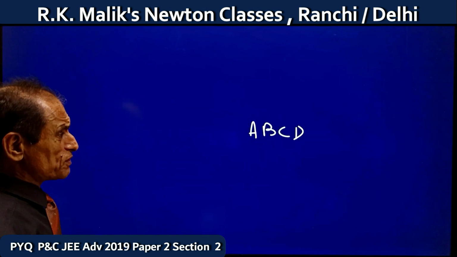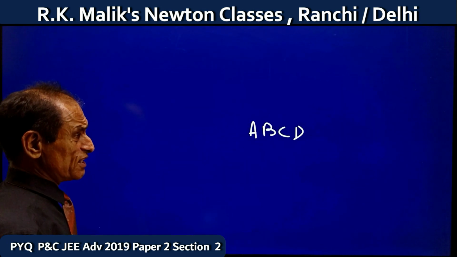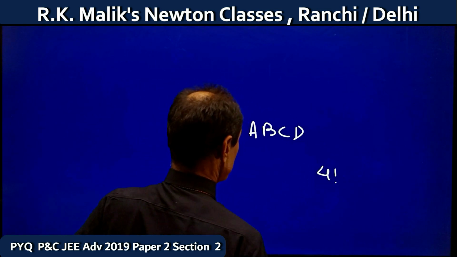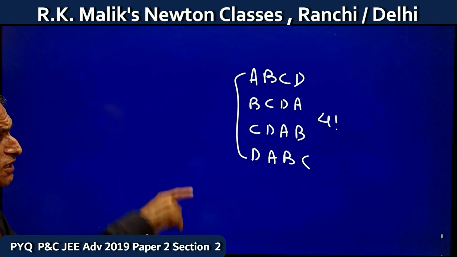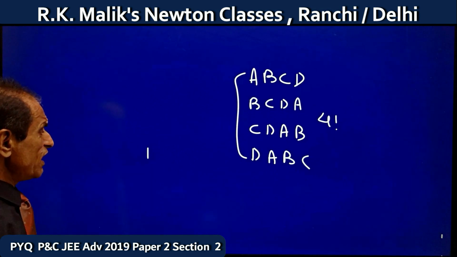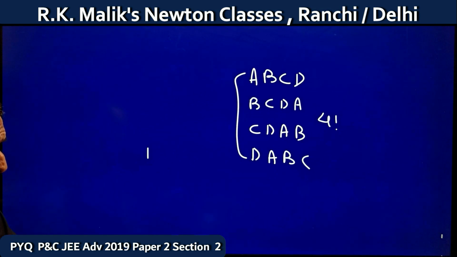Similarly, suppose there are 4 persons A, B, C, D. When they are sitting in a line, the number of arrangements is 4 factorial. These 4 ways of arranging them in a line reduce to only one arrangement in a circle because of the similar reason, as I told you in the case of 3.